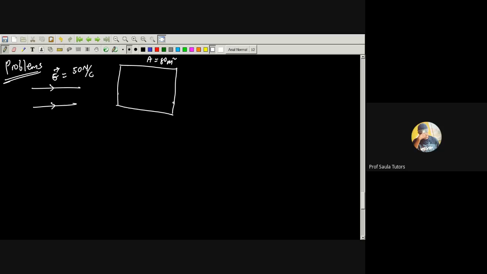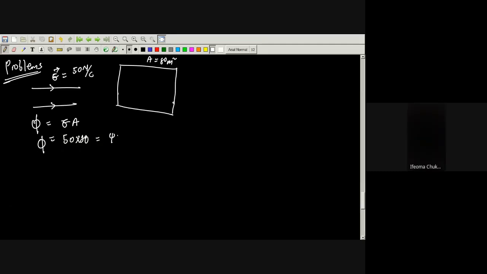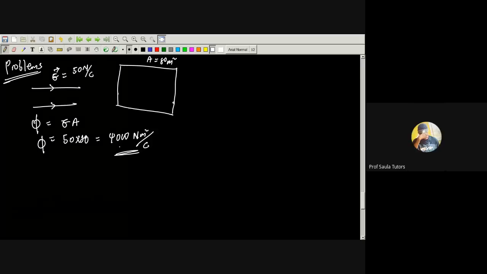So how do we find the electric flux? It's simple. Our electric flux, don't forget, is equal to EA. The field is perpendicular to the surface, so that's 50 multiplied by 80. Our flux is equal to 4000 newton meters square per coulomb. That's how it is.